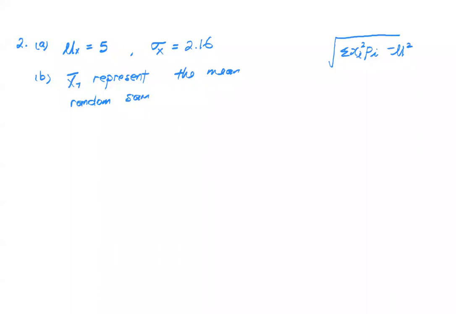Sample size 7 means 7 from X are selected. Random 7 of X are selected. Okay? So now, find the mean and the standard deviation of this one.